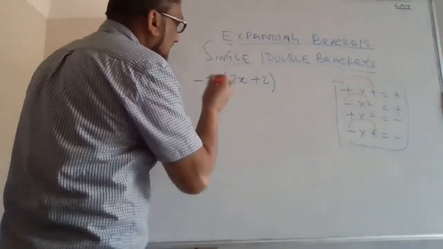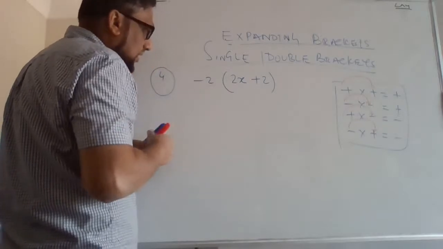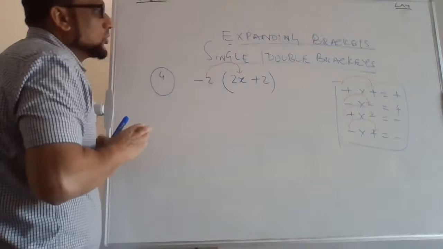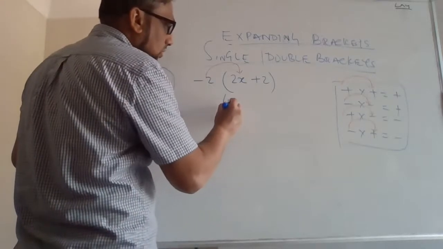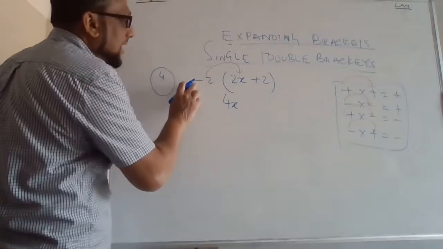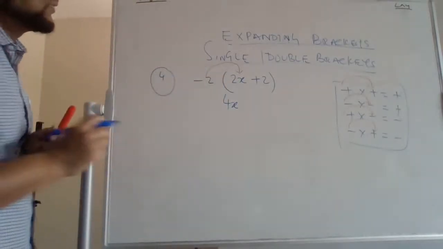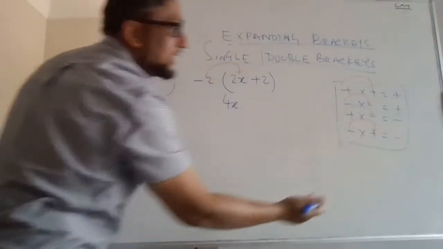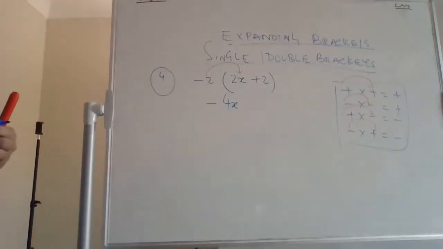So first we times 2 times 2, which is 4x, and this minus times this hidden positive, minus times plus, is minus. So it becomes minus 4x.